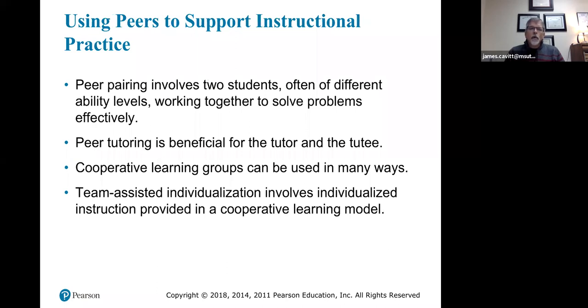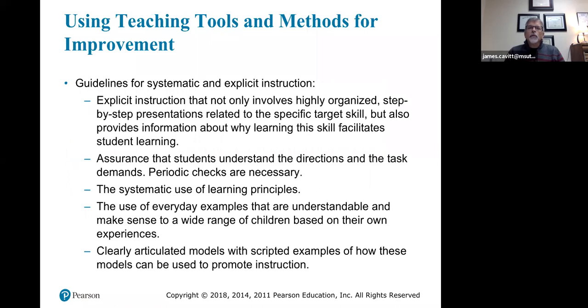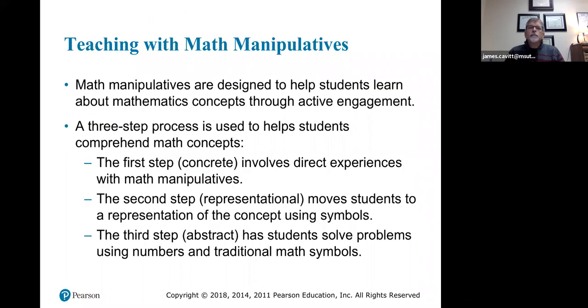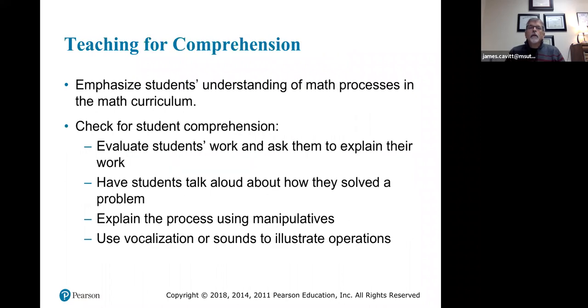Here's some more in supportive instruction. There's tools for explicit instruction, using math manipulatives, teaching for comprehension in math. Again, these are very important aspects.